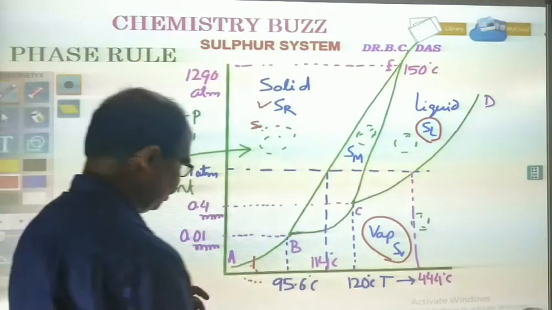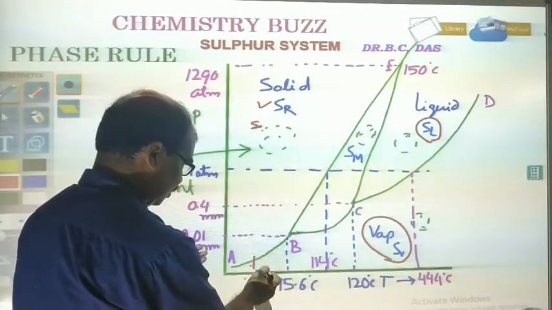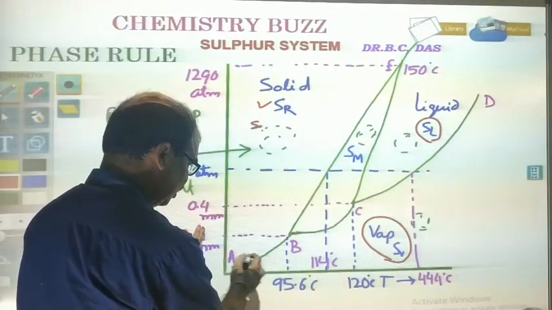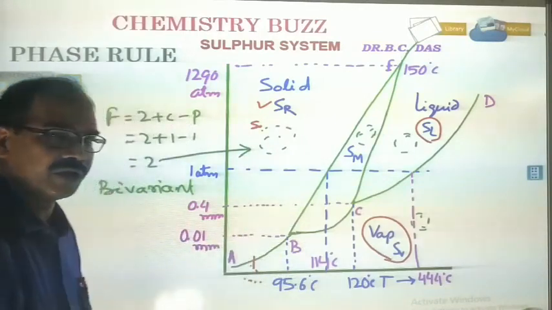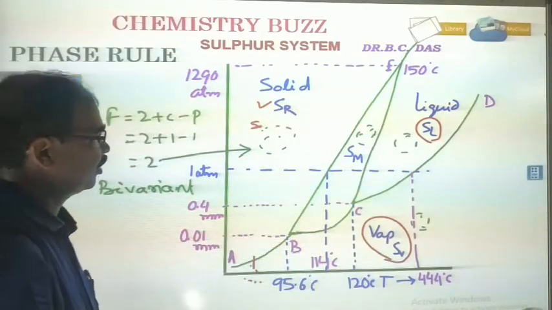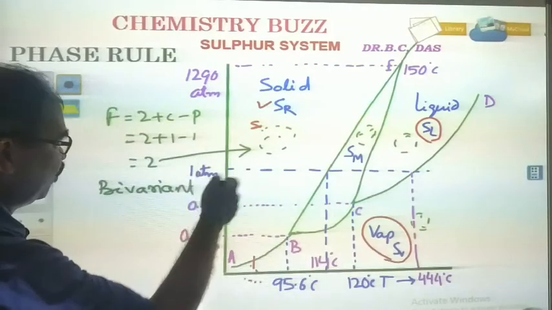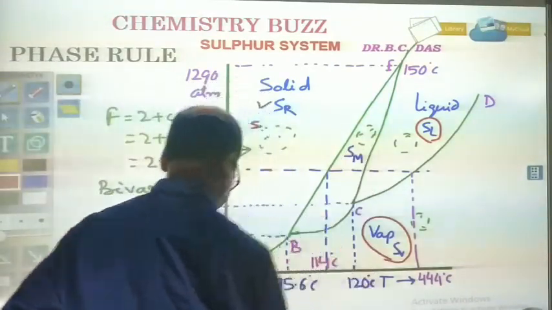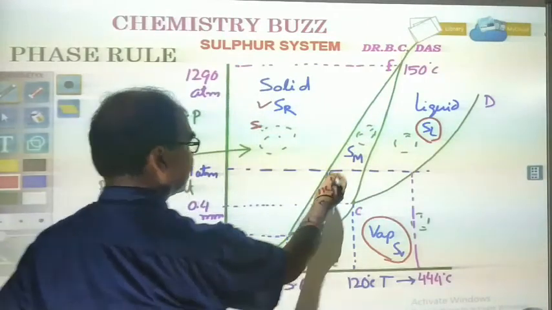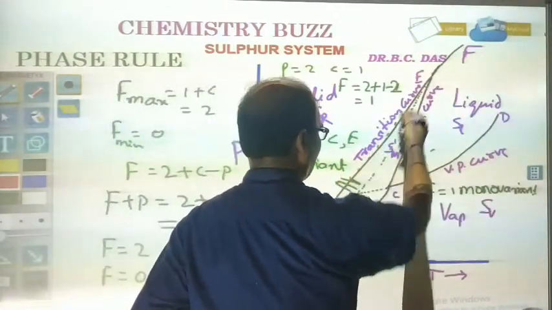Okay, so at low temperature and low pressure there will be the equilibrium between the rhombic sulfur and monoclinic sulfur. So this is your transition point, transition chord.